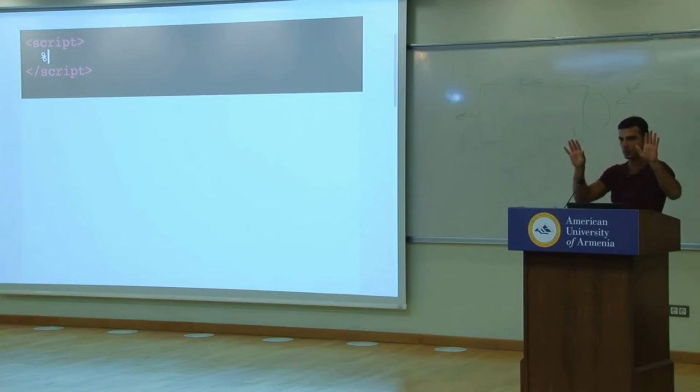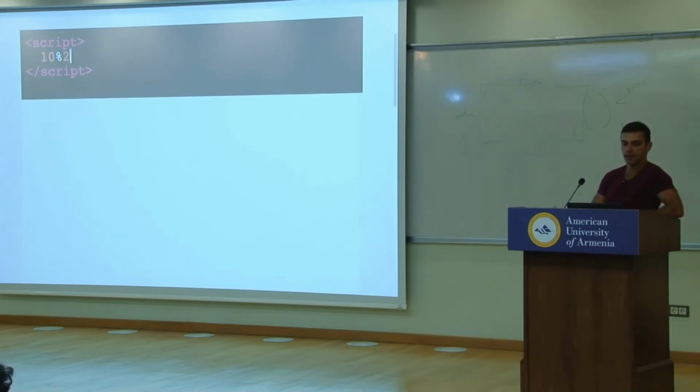So you take the two numbers, the number on this side, let's say 10, the number on this side, which is say 2, and you take the remainder. Now 2 is evenly divisible into 10, and so the remainder for that would be 0, right? So you guys get what it does, right? Okay, so let's write a function that will take a number and tell us if the number is even or odd.